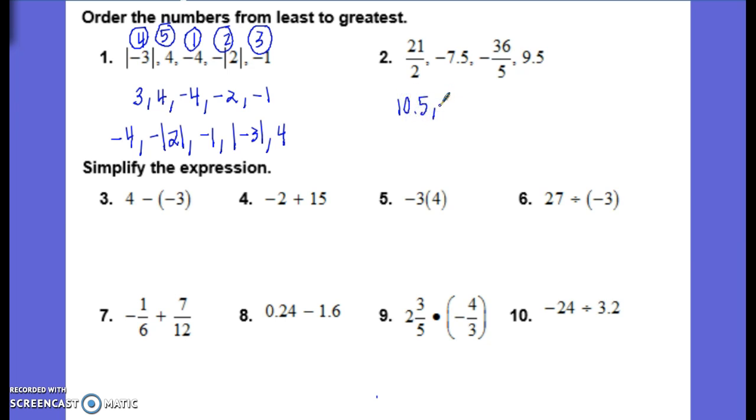This is already in decimal form, so we can just rewrite it the way it is. We're going to want to change this into decimal form too, so that's the same as 36 divided by 5. That's going to give you 7.2, and it's negative. And then 9.5 is already in decimal form, so we're just going to rewrite it.